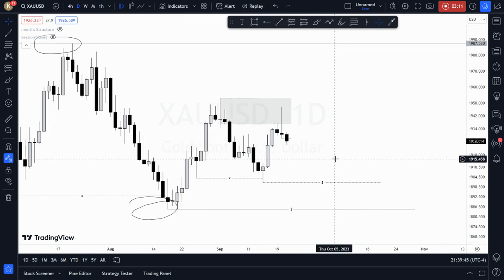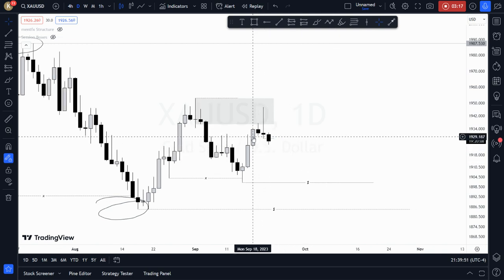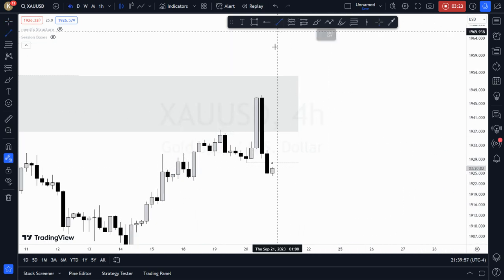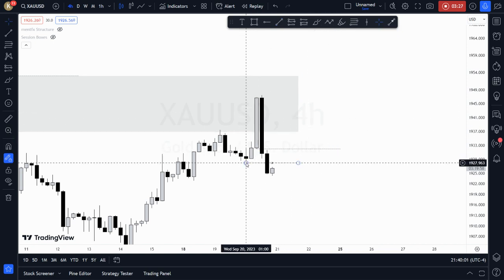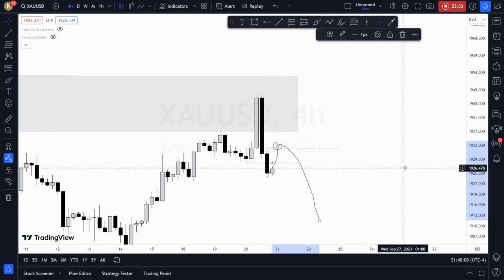Monthly is bearish, weekly is bearish. Daily clearly just broke down to the bottom side, taking out one, two lows. I'm gonna go to the 4 hour, and I'll just take the trade from this 4 hour order block created that was used to sweep the lows here. So we're assuming that a lower high will be formed, pushing us down.